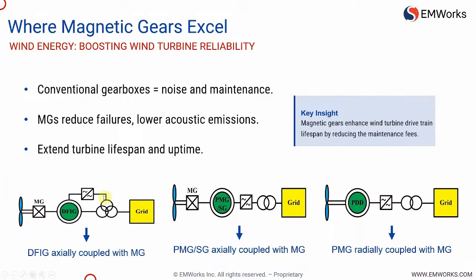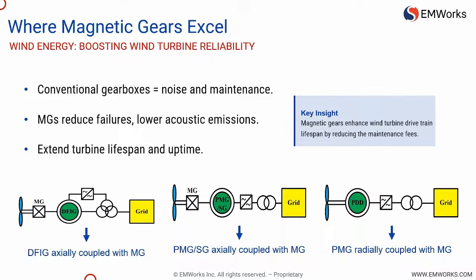In traditional wind turbines, the mechanical gearboxes are often the weak point, so they create noise, vibration, and frequent maintenance issues, which not only increase the operational cost but also reduce system uptime. Magnetic gears, on the other hand, provide an elegant alternative because there is no physical contact between rotating parts.